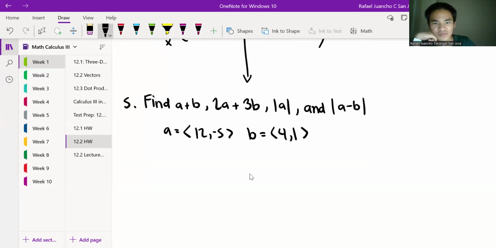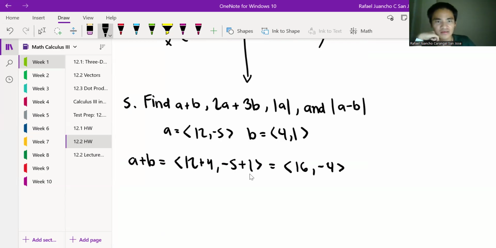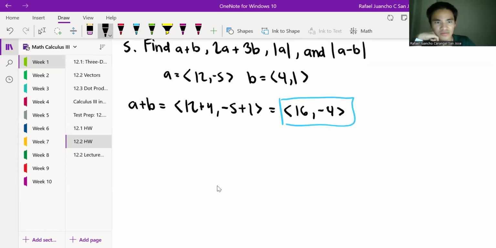Okay, now we start with A plus B. So A plus B is just adding these. So 12 plus 4, -5 plus 1. Then you get 16, -4. Then we have 2A plus 3B. So this is 2 times A, so 2 times this vector.